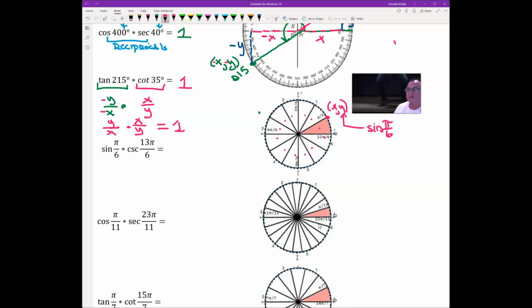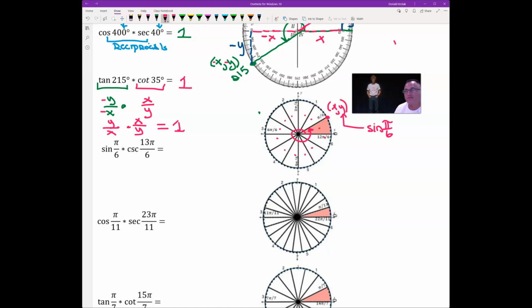Now 13 pi over 6. Well, if I counted all the way around this, that would be 6, that would be 12, that would be 13. That's the y-coordinate.